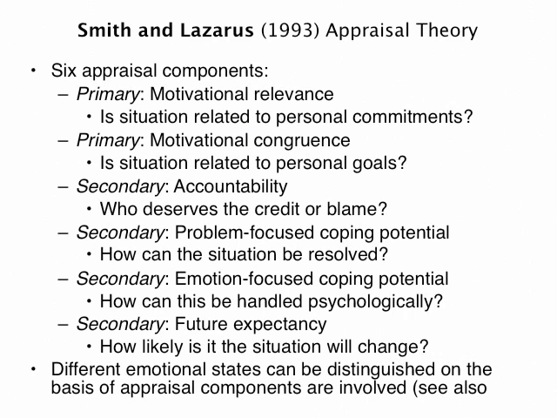Secondary appraisal is divided into accountability and problem-focused coping potential. So, excuse me, I'm misspeaking. Actually, the secondary is divided into 4 parts. So the primary appraisal, let me back up so I don't confuse you guys more than I already did.